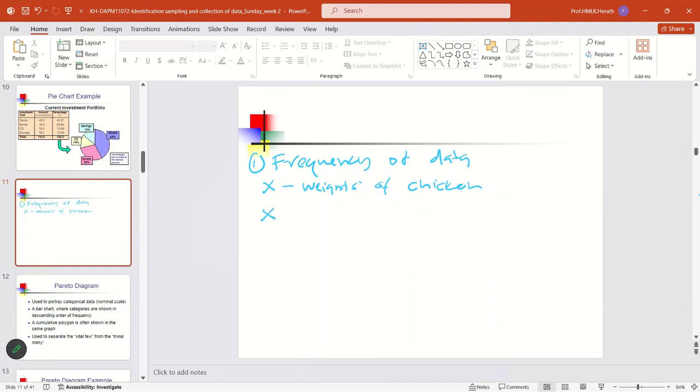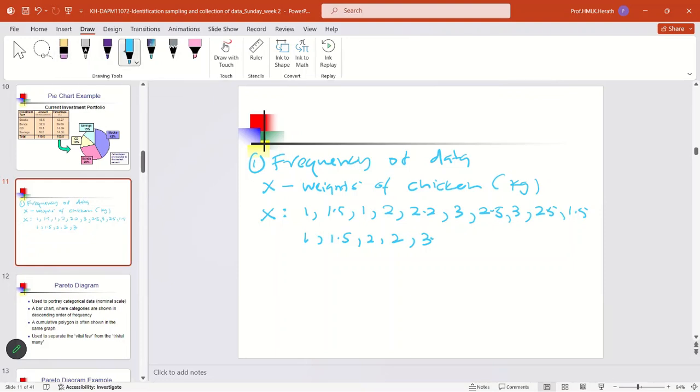Then x can take many values, in kilograms: 1, 1.5, 2, 2.2, 3, 2.5, 3.3, 2.5, 1.5, 1, 1.5, 2, 2, 3, 3 and 2.4. So likewise, we have data.